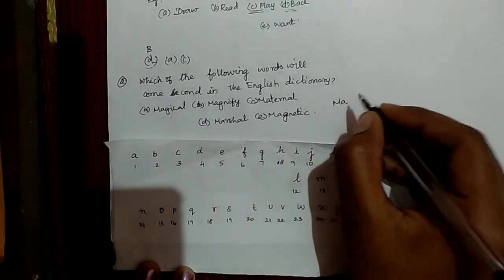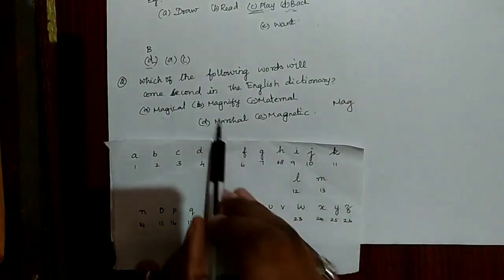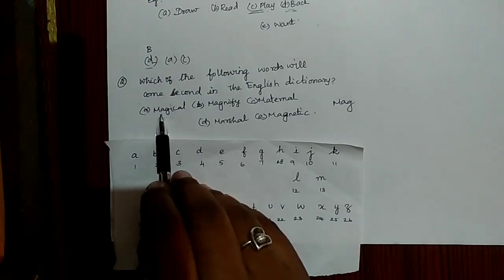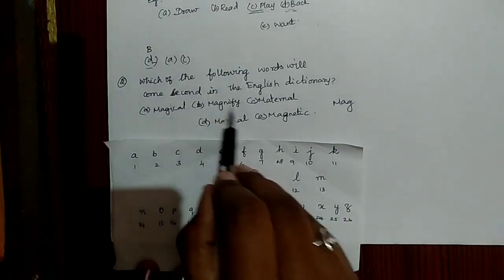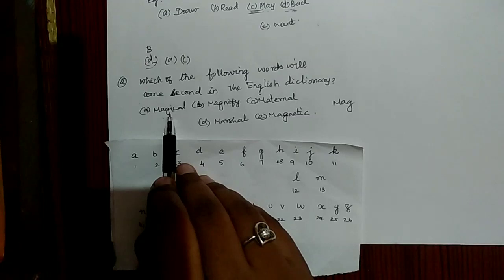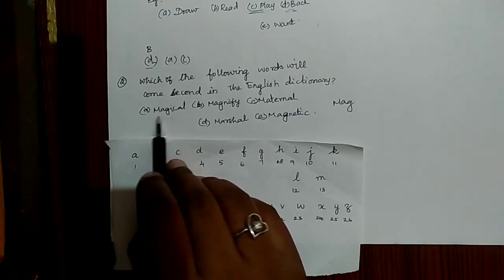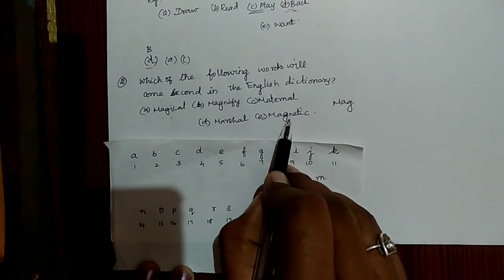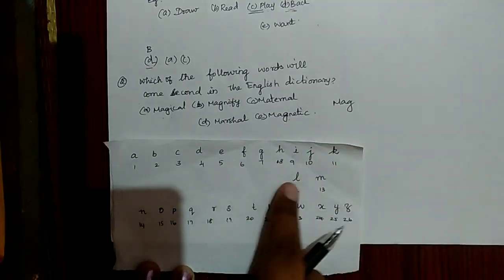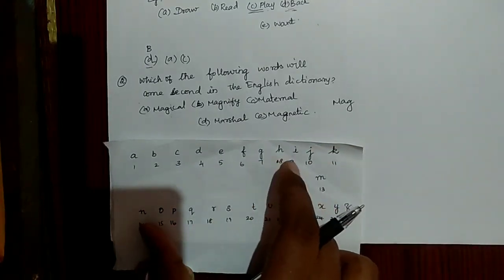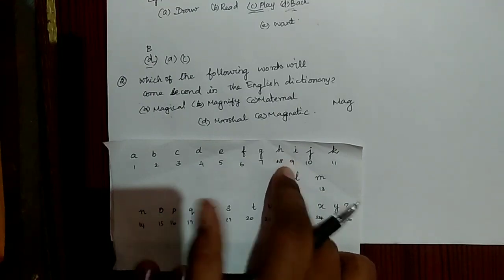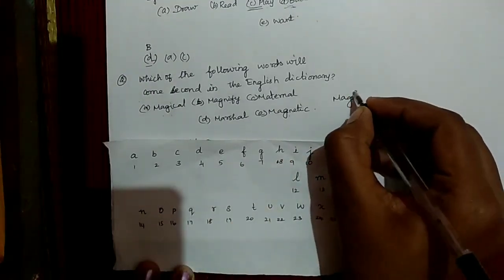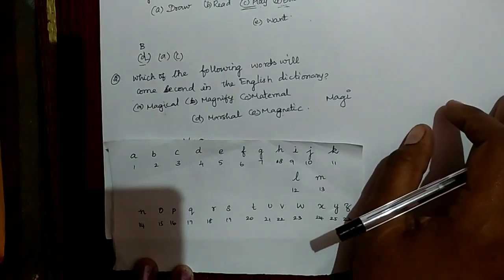Alright, so we get G. Okay, which of these with G will come second? While checking with the fourth word, this has I and this has N, this also has N, right? Whether I comes first or N comes first, the I comes first. Okay, so the first word will be magical, right?